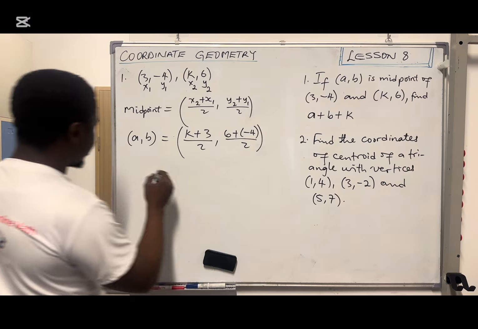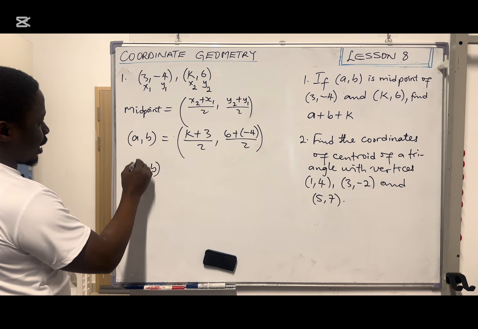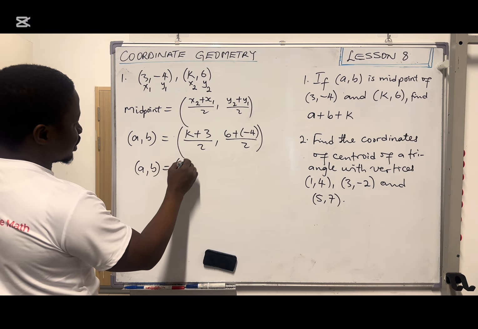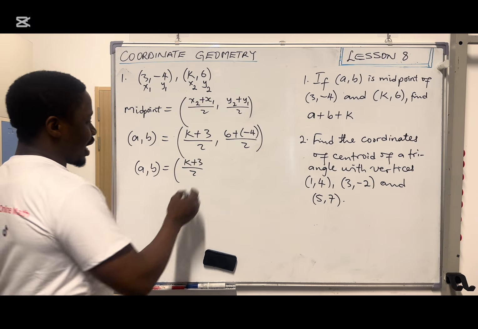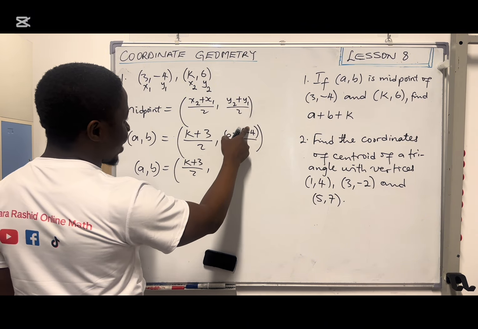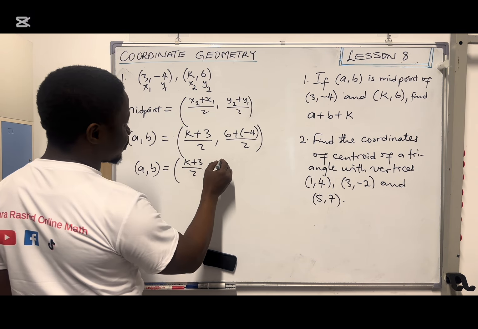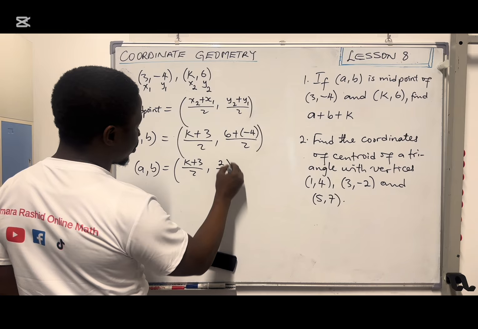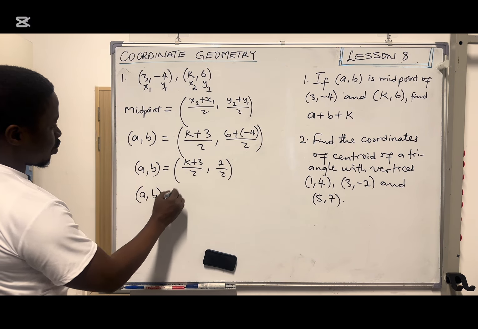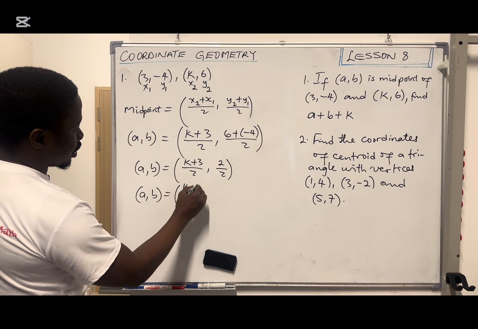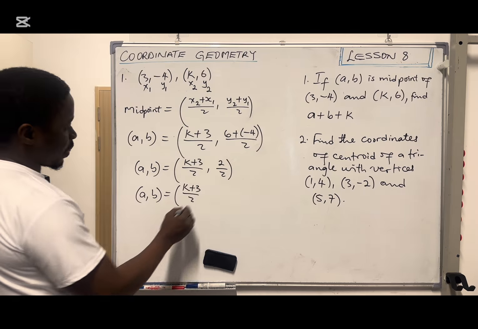So AB here, this is k plus 3. Remember, we cannot add further because they are unlike terms. Plus by minus is minus. So 6 minus 4 is 2 over 2. So AB is equal to k plus 3 over 2.